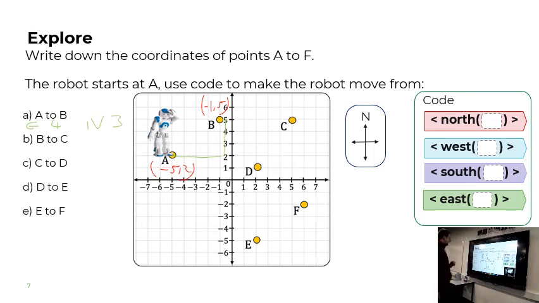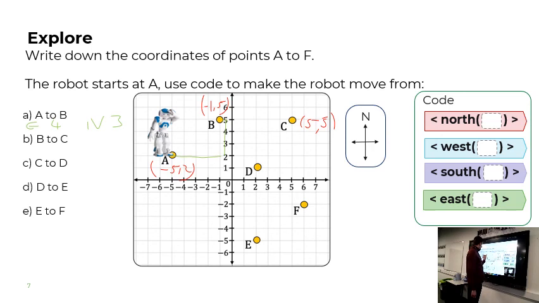Let's have a look at B, C. Let's get the coordinates for C. C has an x value of 5, and the y value is 5 as well. Let's draw a picture.